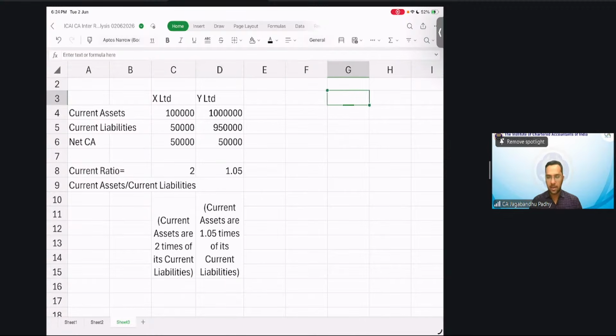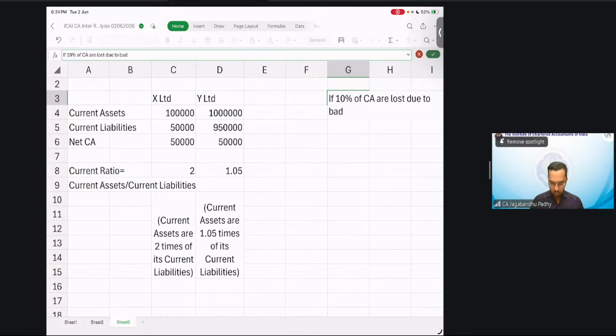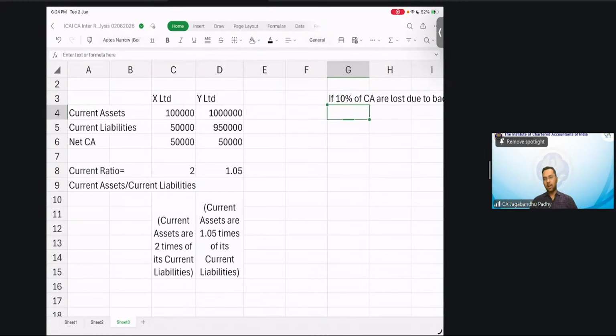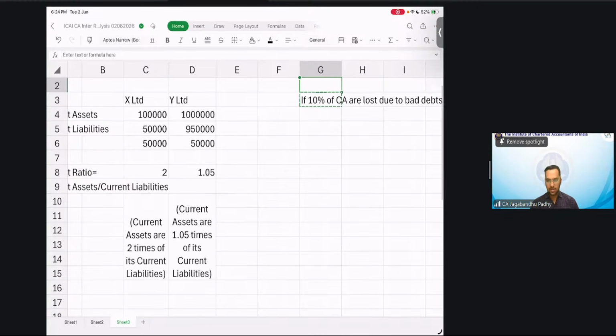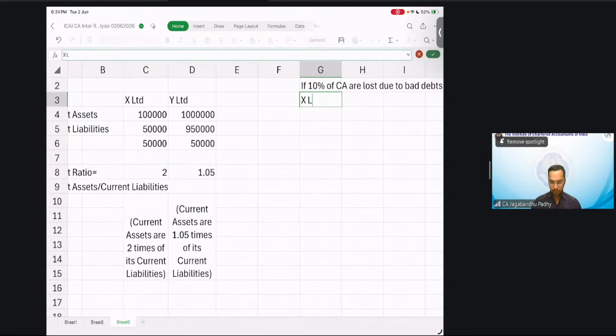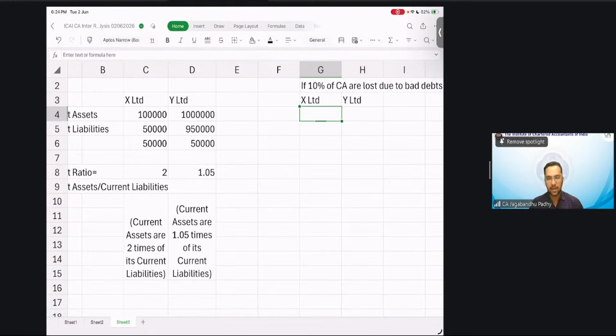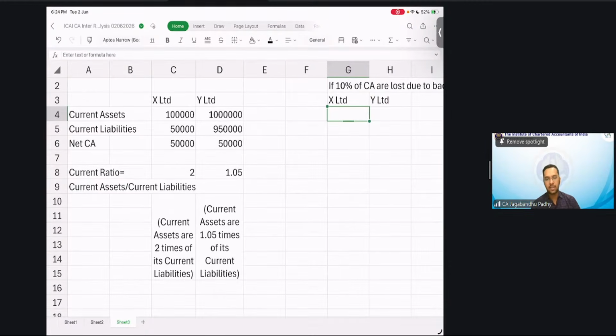So for example, if 10% of current assets are lost due to bad debts, in the case of X Limited and in the case of Y Limited, what will be the amount of current assets you're going to have?